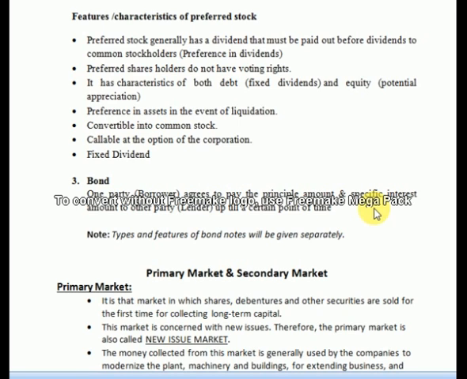Preferred stock is often considered a hybrid or quasi security, as it offers different types of features of both the bonds and the common stock.